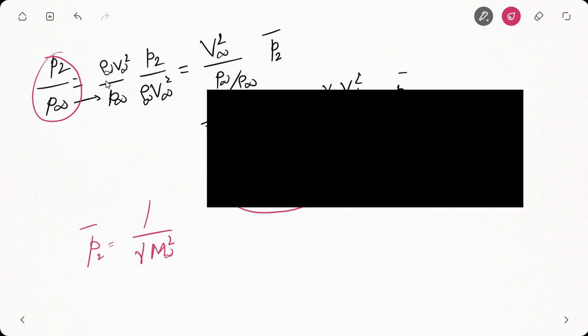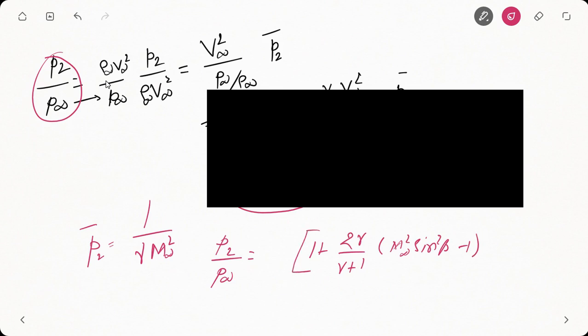And let me see what was given there. P2 by P infinity was given equal to actually 1 plus 2 gamma by gamma plus 1 times M infinity square sin square beta minus 1. This was given for the equation across the shock.